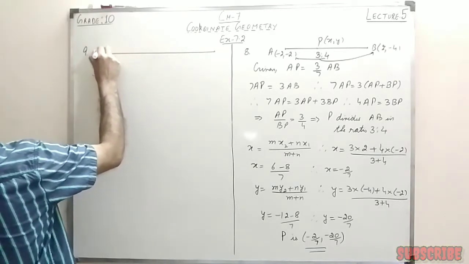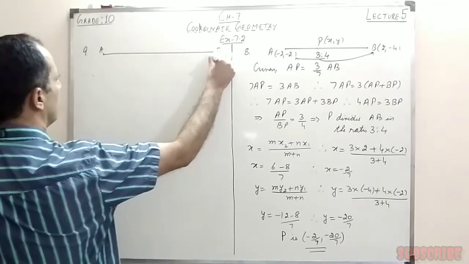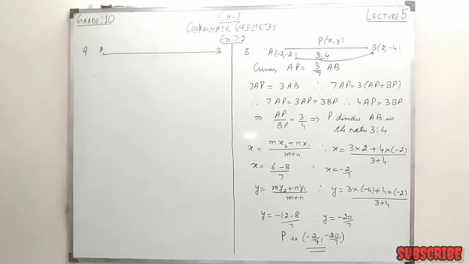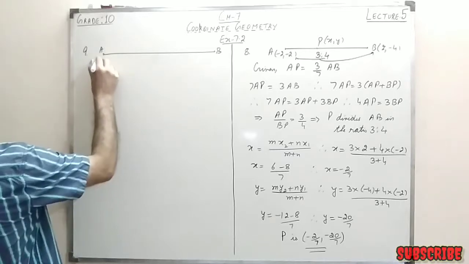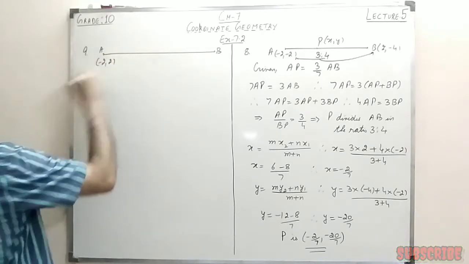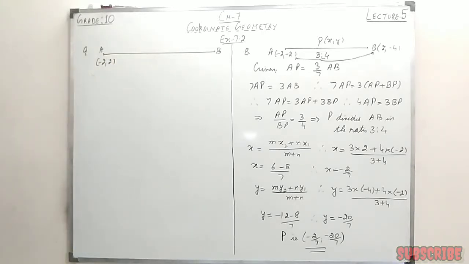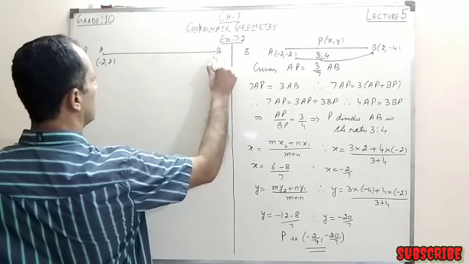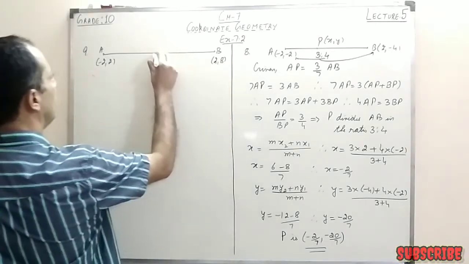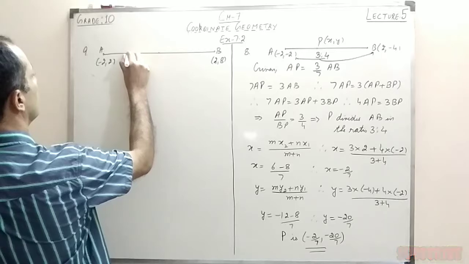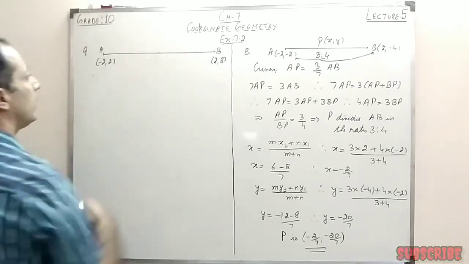So I have A here, B here, right? The coordinates of A are (-2, 2) and the coordinates of B are (2, 8). Now I have 3 points dividing the line into 4 parts.